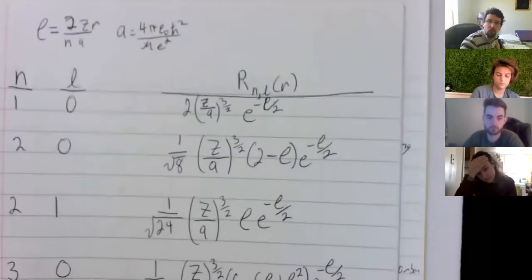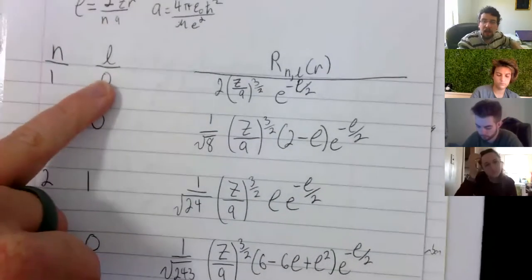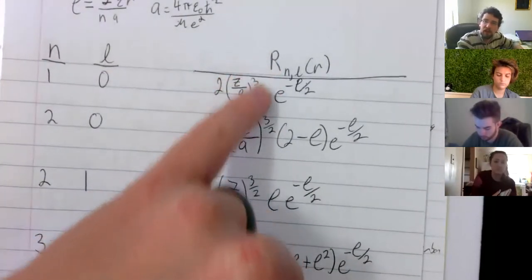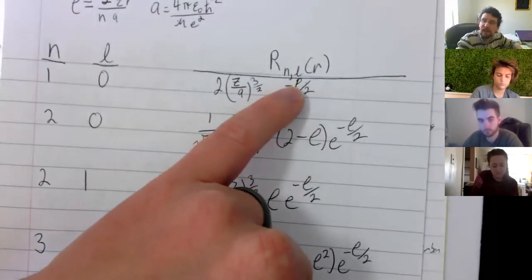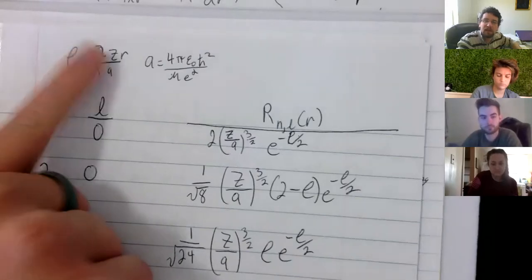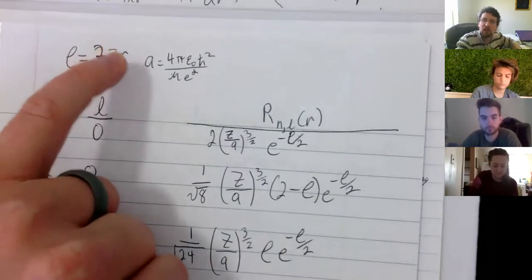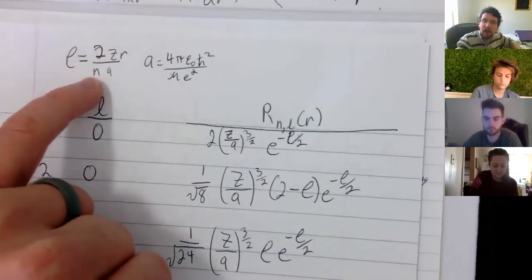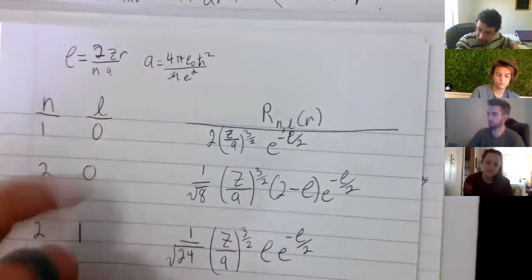We'll talk about these in a little bit, and we'll use them in a little while. But again, we have to keep track of n and l, and then the corresponding radial part changes. What is this rho up here? It's defined as 2 times the atomic charge times the radius divided by n times a, and a is this expression here.